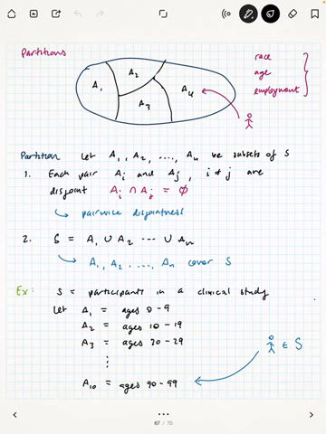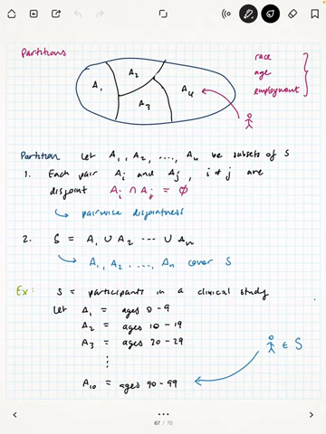Formally, what a partition is, so this is the formal definition, is we suppose we have some sets A1, A2, up through AN, where N is just the number of subdivisions that we want for our group. So if we want 10 groups, that's 10. These are going to be subsets of this larger set S. And importantly, there are 2 conditions or characteristics for a partition.